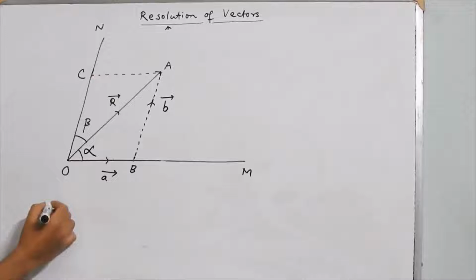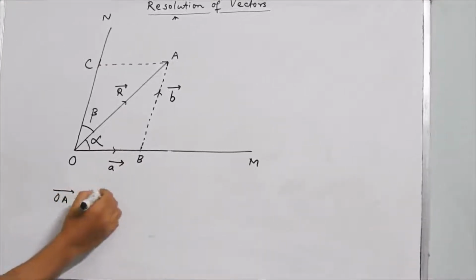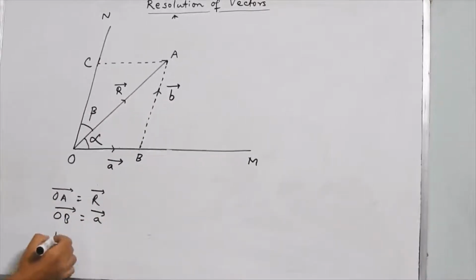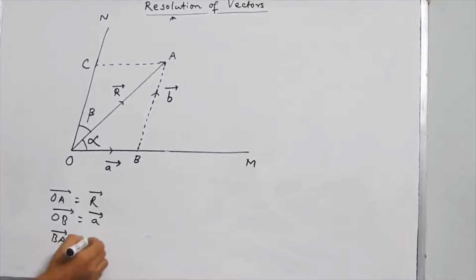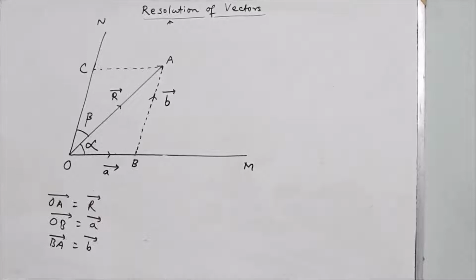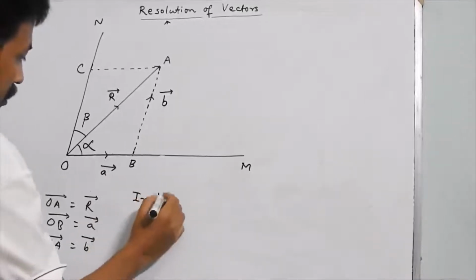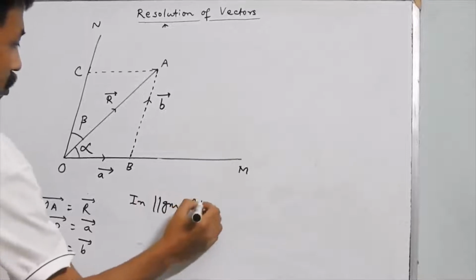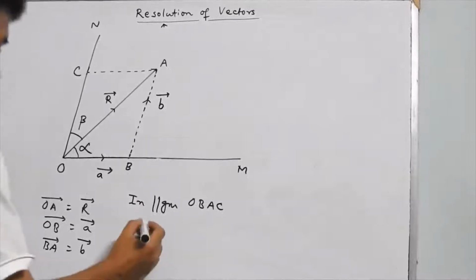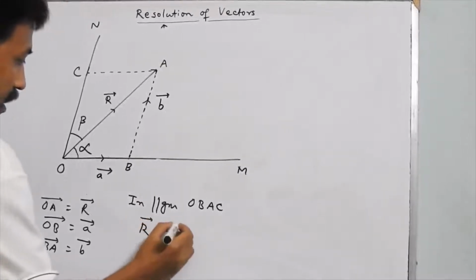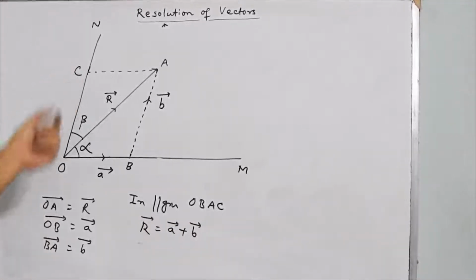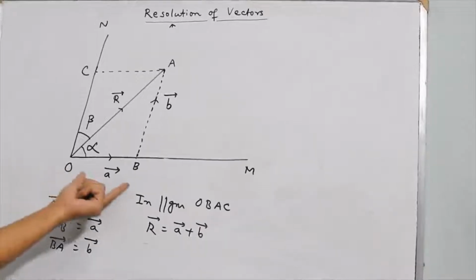So what I have is OA vector is R vector, OB vector is A vector, and BA vector is B vector. So in this parallelogram OBAC, we can apply the parallelogram law of vector addition, and we can write R vector is A vector plus B vector. So we have resolved R vector into two parts. One is A vector and one is B vector.